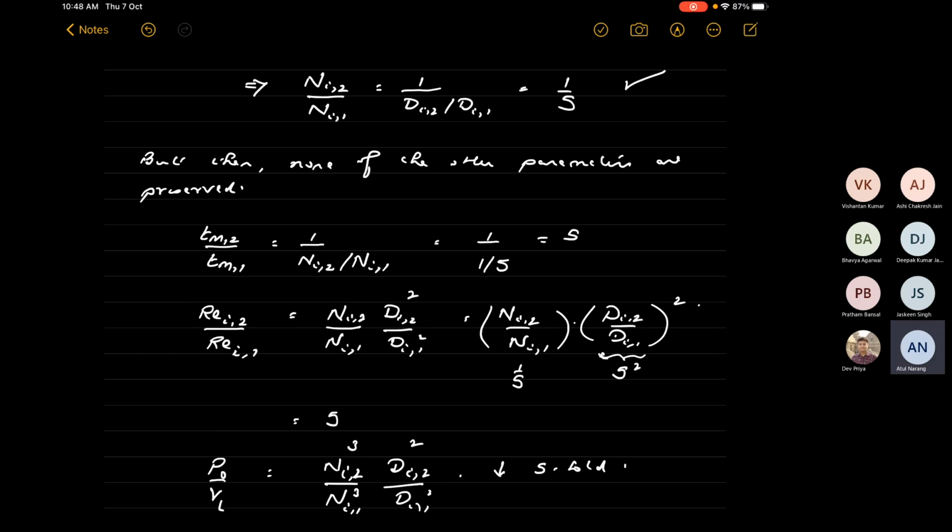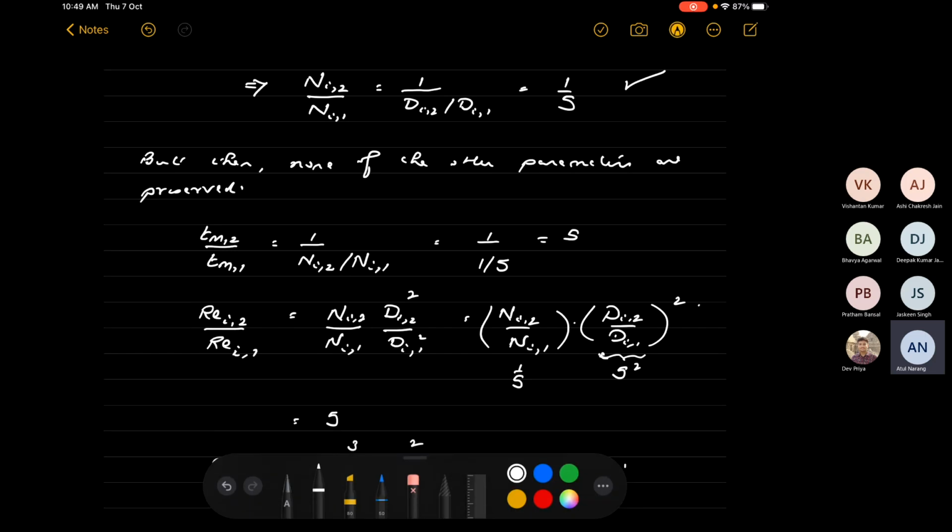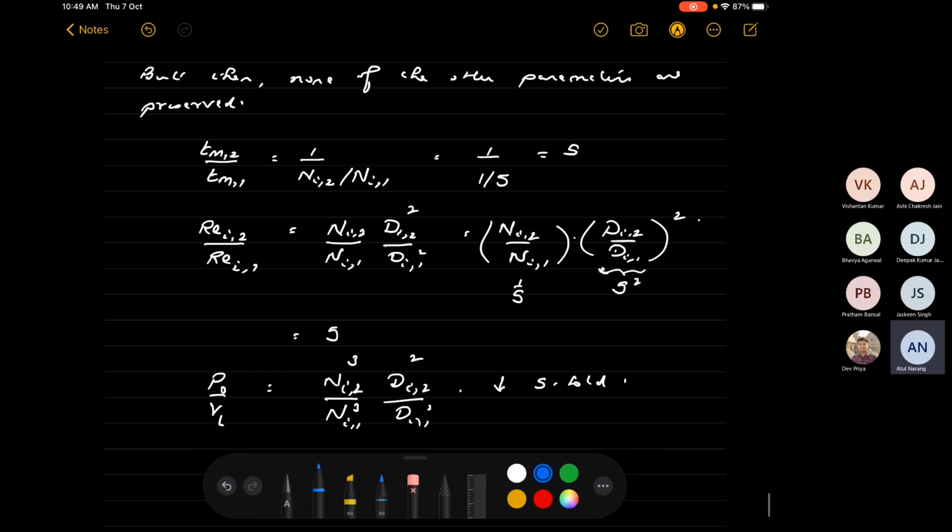Everything is going to change, but you look for least damage. If you go to the industry, the most common one invariably used for scale up is this one. They try to preserve the power per unit volume.